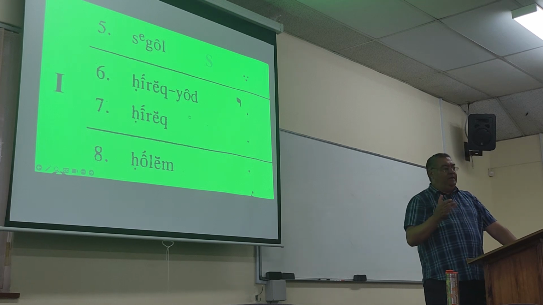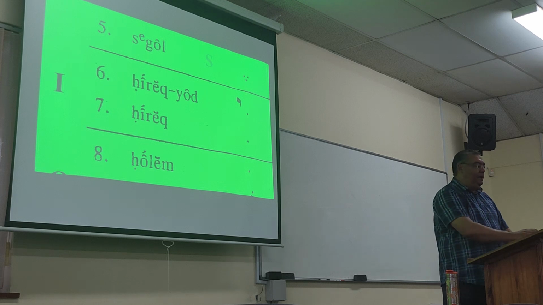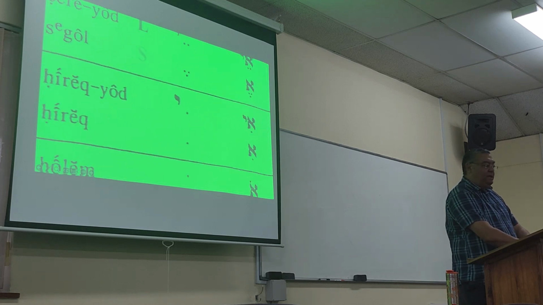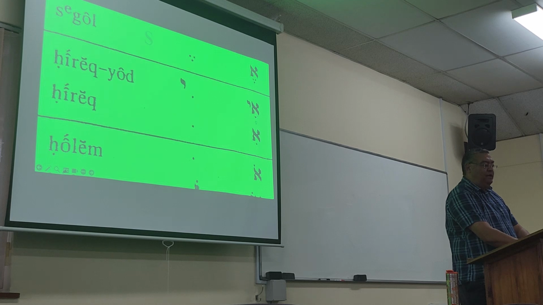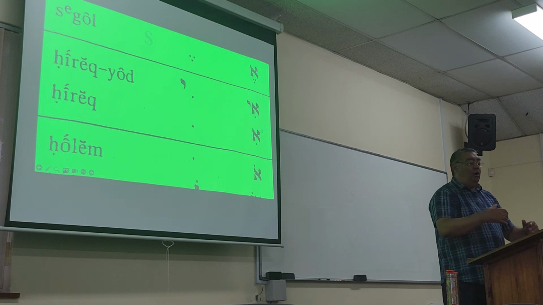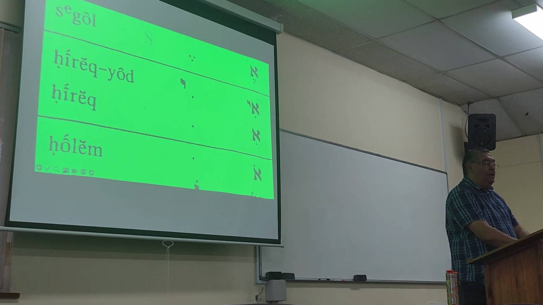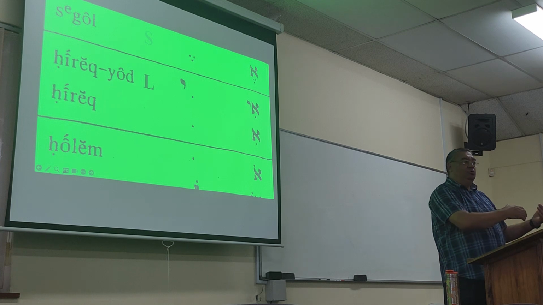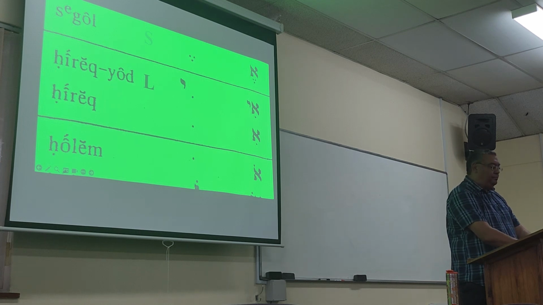Say that? Chirik yod. A chirik yod is a dot that is placed below the letter, as you can see over there, followed by a yod. And clearly, because there is no vowel under that yod, it has lost its consonantal value, it combines with the preceding vowel to make that into a long I sound. So chirik yod is your long I sound in Hebrew.